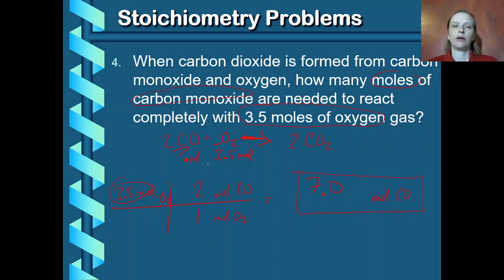One thing that I want to point out to you is that I find it very helpful to write my known and my unknown underneath the substances themselves in the balanced chemical equation. That way I can be sure that I'm writing the correct values for the coefficients in the mole ratio in the right places.